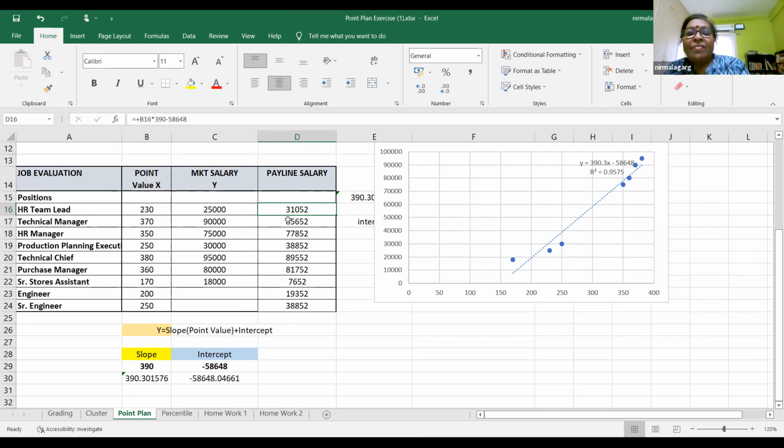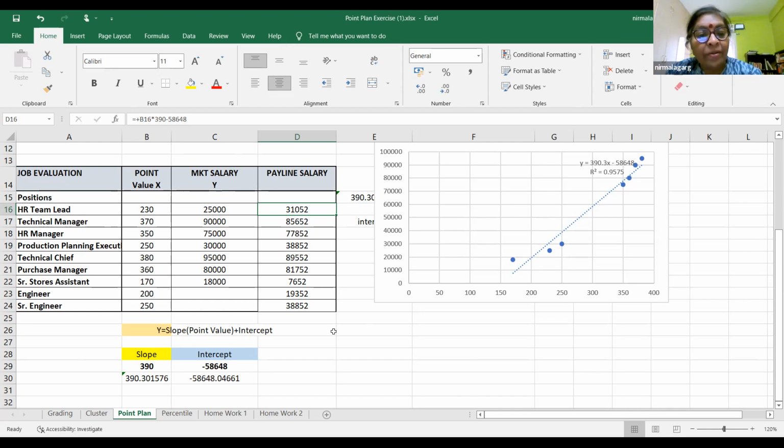Got it, guys? And that is the value, 31,000. So when you do this regression, it will throw up the salaries which are actually internal. It establishes internal equity. Got it? It establishes internal equity.